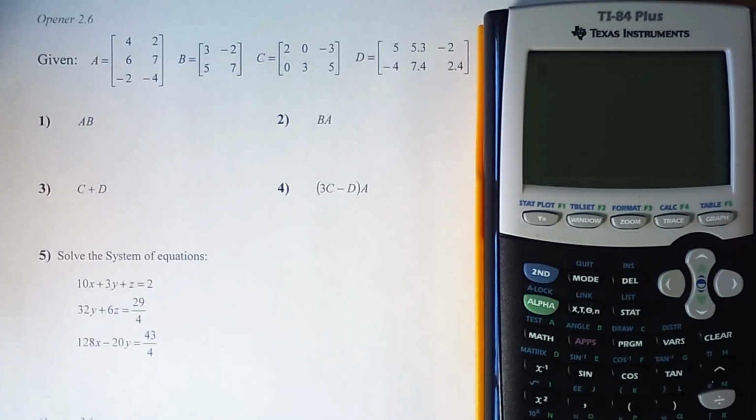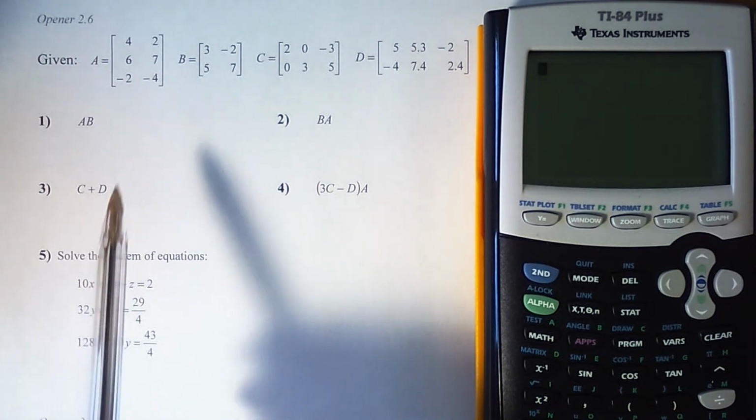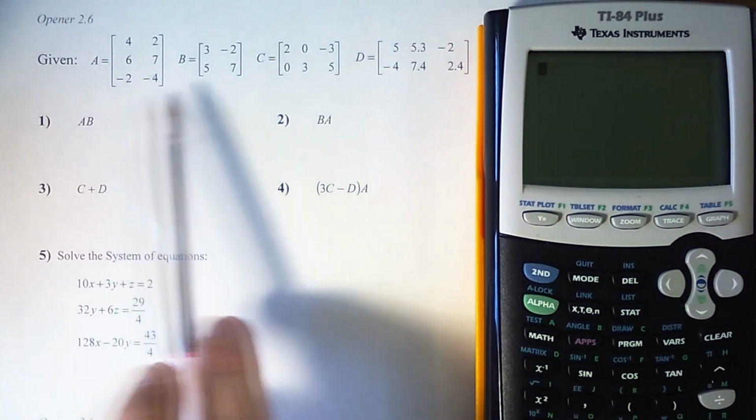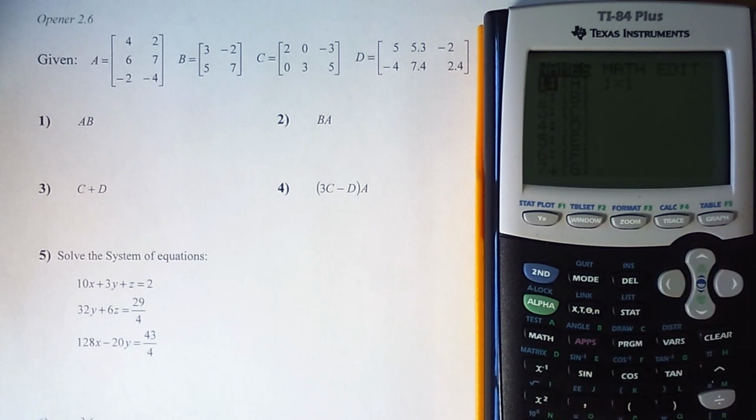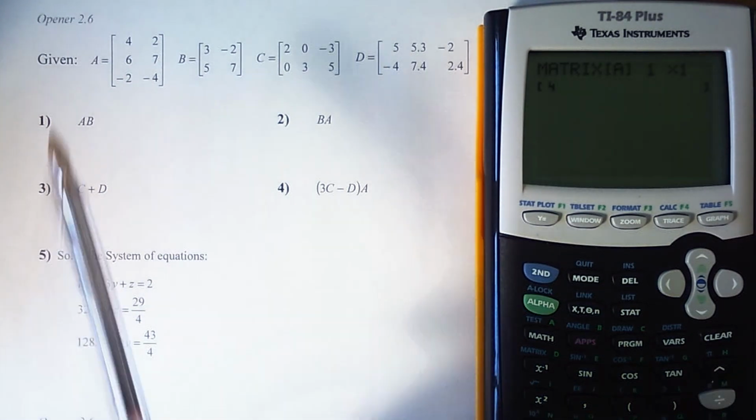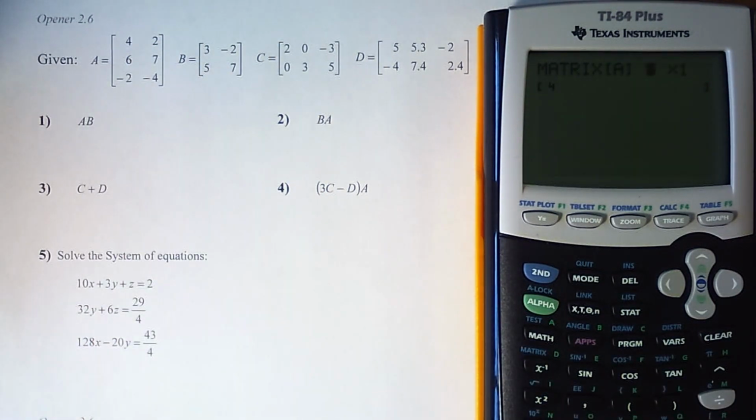We're going to end this lesson with some practice of matrix and calculator skills. So in order to complete each of these problems, I'm going to enter these 4 matrices into the calculator. So I'll do second matrix, and I will go to edit, and I'll edit matrix 1. So I'll edit that to a 3 by 2 matrix.